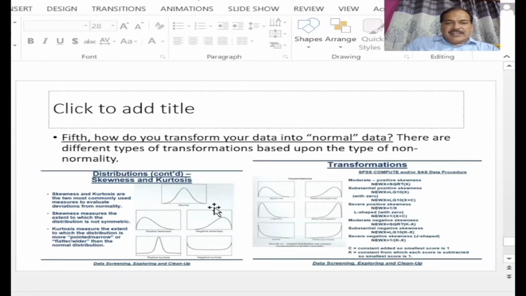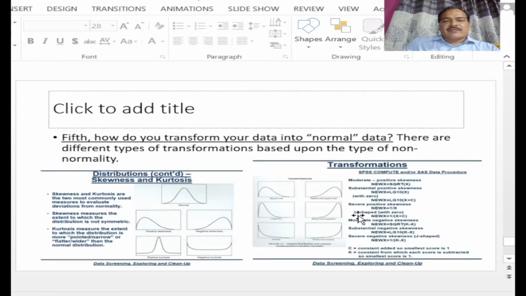If we have this type of distribution, this type of distribution, this type of distribution, we have different types of statistical transformation for the different types of deviated data. With the help of these transformations, we can transform our data into a particular form, and after transforming the data we can again go for the test of normality.